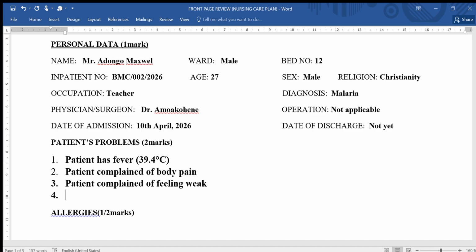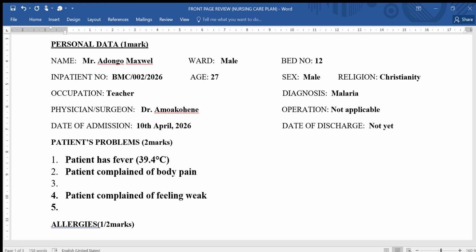What else do you think that patient complain of? This patient complain of vomiting as well. So let's put vomiting there for this patient. Patient complain of vomiting.